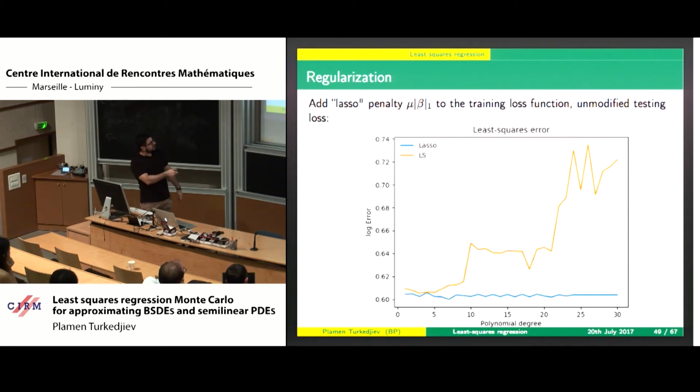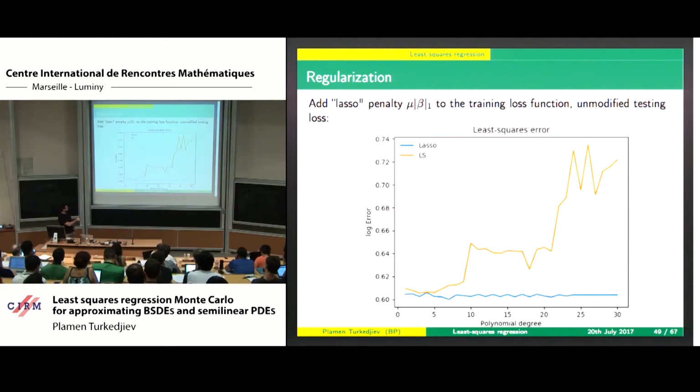The orange line here, this is the least squares error that I computed for a problem. This is just a mind experiment, really. So if I computed using this penalty term, I got this blue line in terms of the error. If I didn't use the penalty term, what I ended up getting is this diverging error on the least squares.